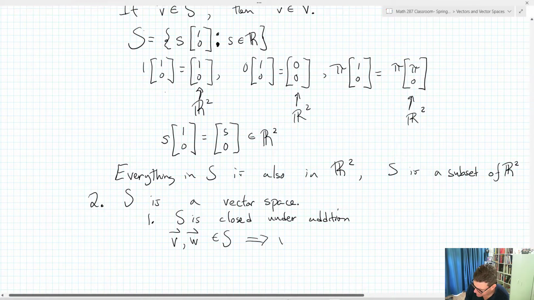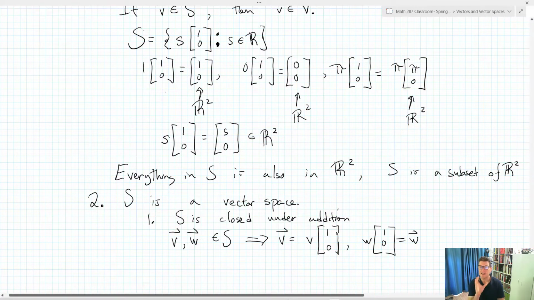That means that v equals the scalar v times (1, 0), and w is going to be w times (1, 0). That's because both v and w are in S. This is the definition for elements in S, for anything that's in S.